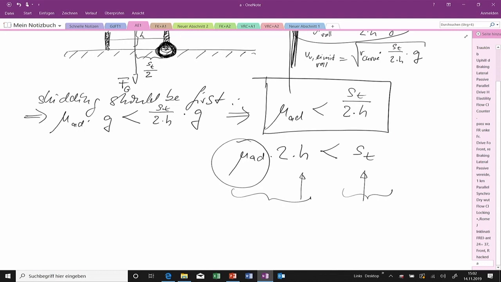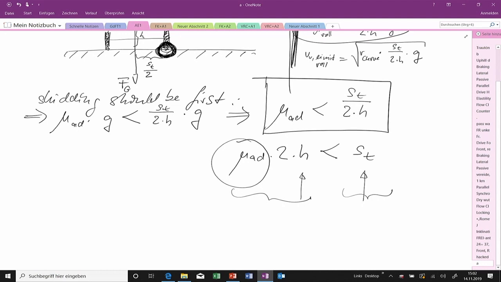And this could also turn into a rollover. And I need to explain two phenomena which are important in this relation. And this is that the vehicle can start to oscillate. And these are two different oscillations which are important.